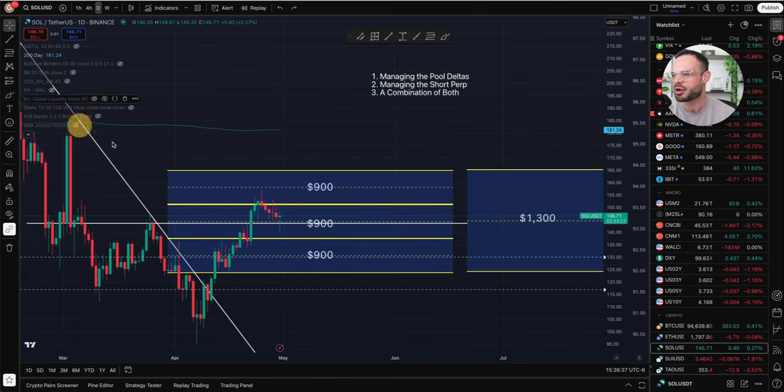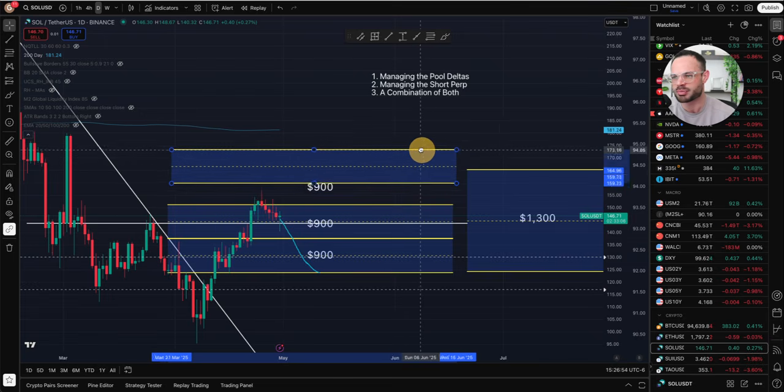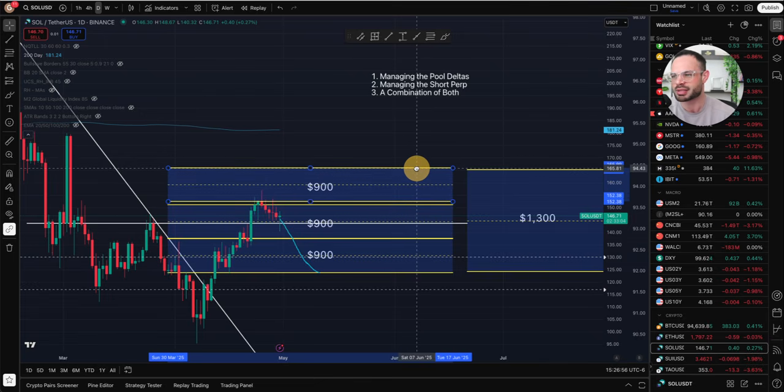If Solana was to continue moving to the downside here, we're going to be owning more and more Solana in our pools. If we want to reduce the amount of Solana that we have in our pools by the time price gets down here, what we can do is close out this pool up here because it's currently sitting 100% in Solana out of range.